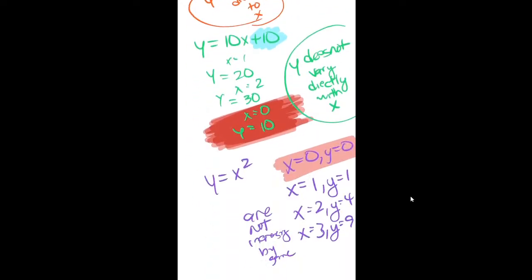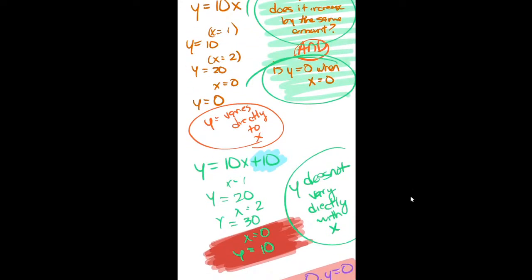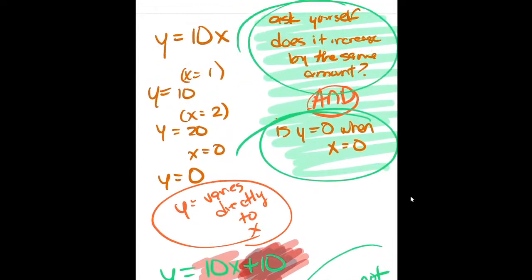And by the way, let me give you this shortcut. Some of you may have already seen it. The minute you see something else out here next to that number and x, it's already not direct. If you subtract, add, if you do anything else to the x, it's not direct anymore. The only real way to have a linear direct relationship between two variables is for it to be alone.